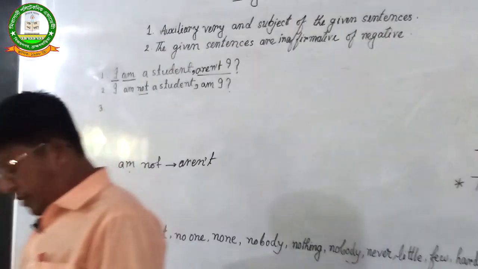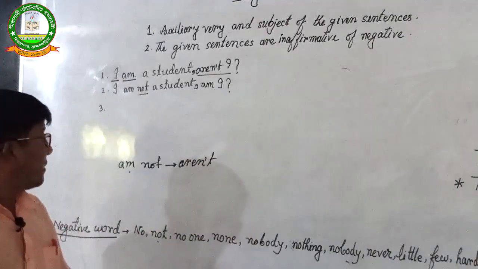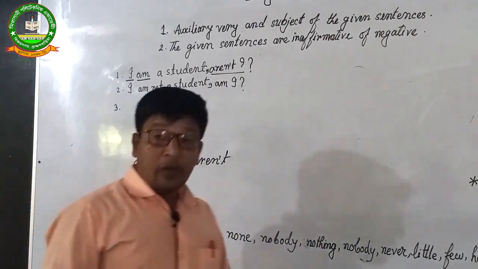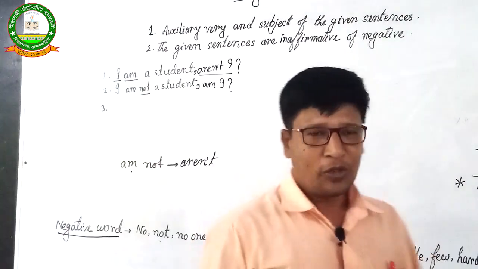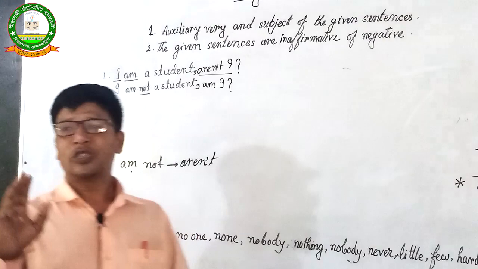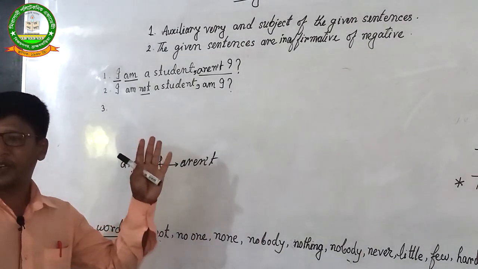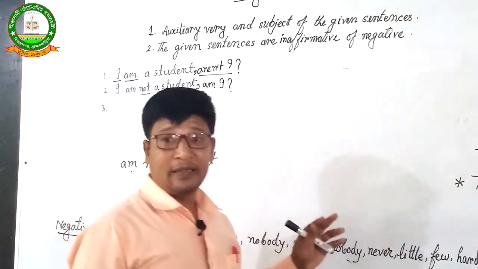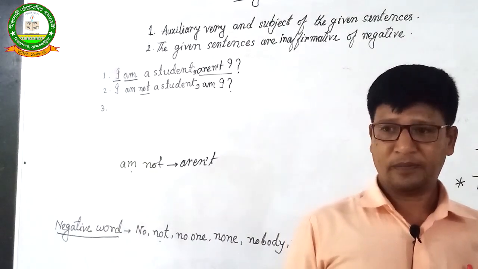Here in this discussion we can understand that if we want to learn take questions clearly, we have to remember two things. First, the subject and auxiliary verb of a sentence, and second, whether the sentence is affirmative or negative.